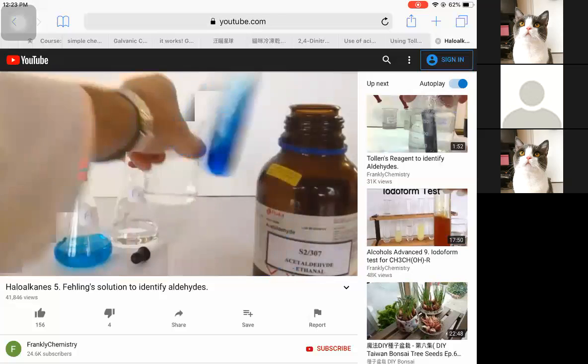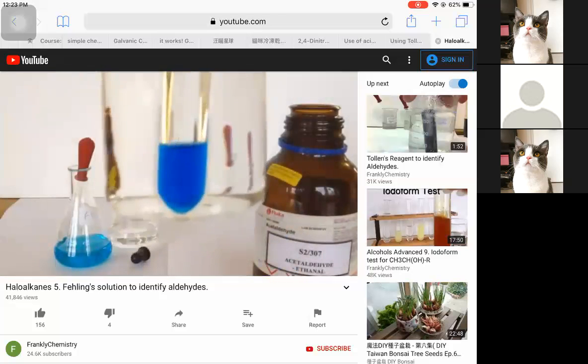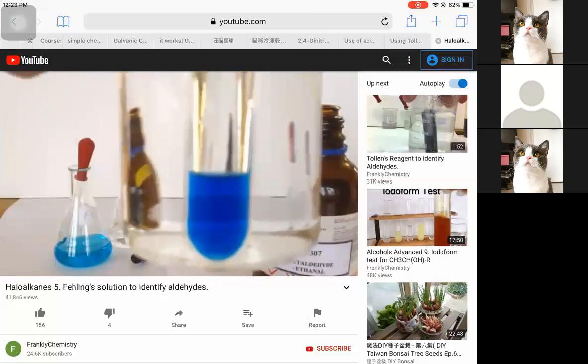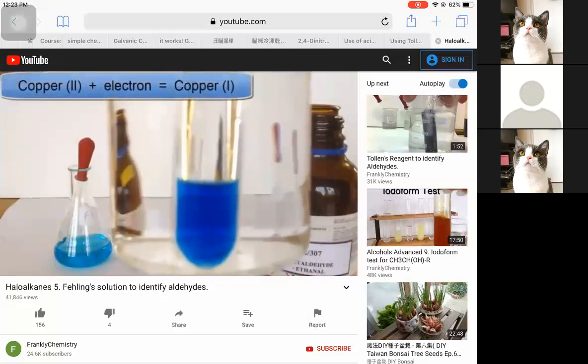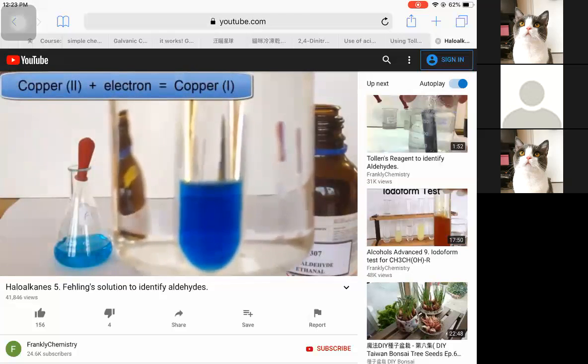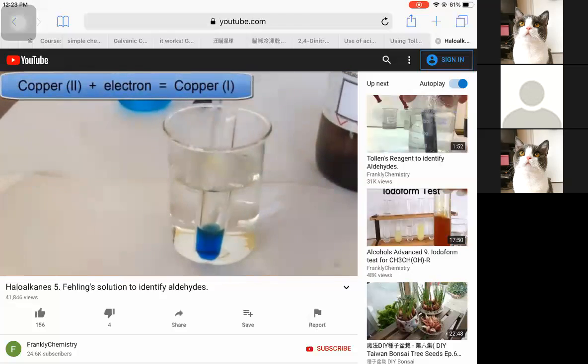So here he used ethanol. And then put it into a water bath, gently warm it to speed up the process. And then the expected observation would be copper-2 changed to copper-1. Okay, so you can see the color change formed from the top to the bottom.